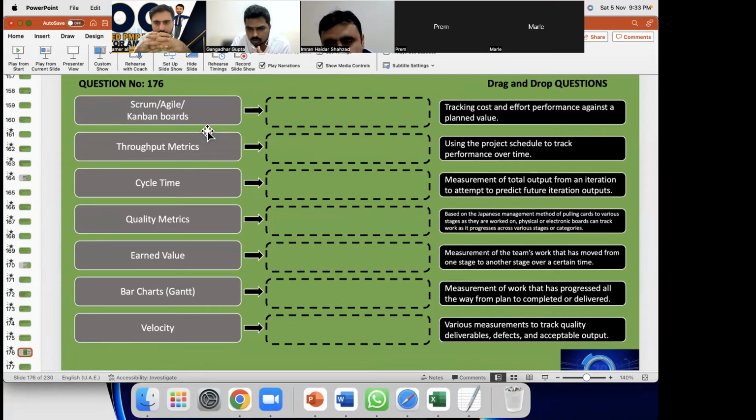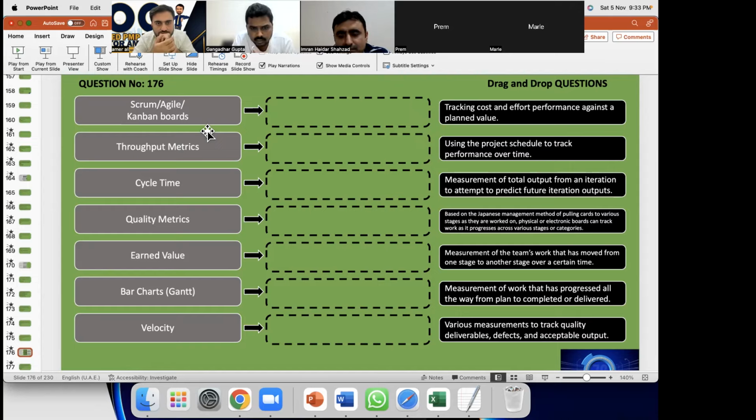Measurement of team output from iteration to iteration, to predict future iteration output. Based on Japanese management, the measurement of the work that has moved from one stage to another stage over time. Measurement of work that has progressed all the way up to completing the deliverable. Various measurements to track quality of deliverables.